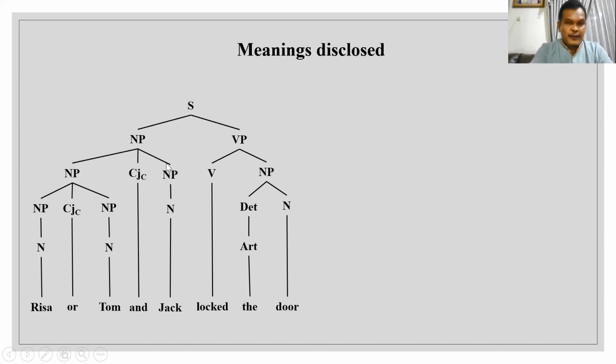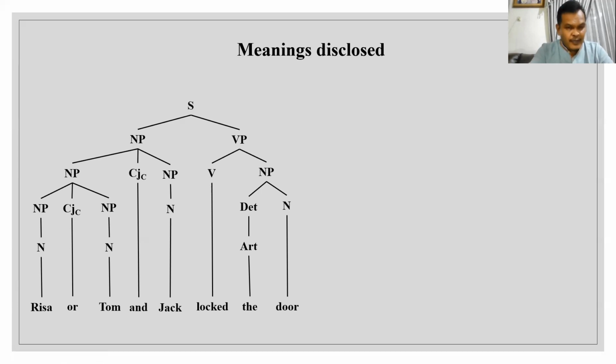And once again, I remind you that the meaning here depends on the position of the coordinate conjunction, or the constituent of the coordinate conjunction. And in this second diagram, the coordinate conjunction used is "and".